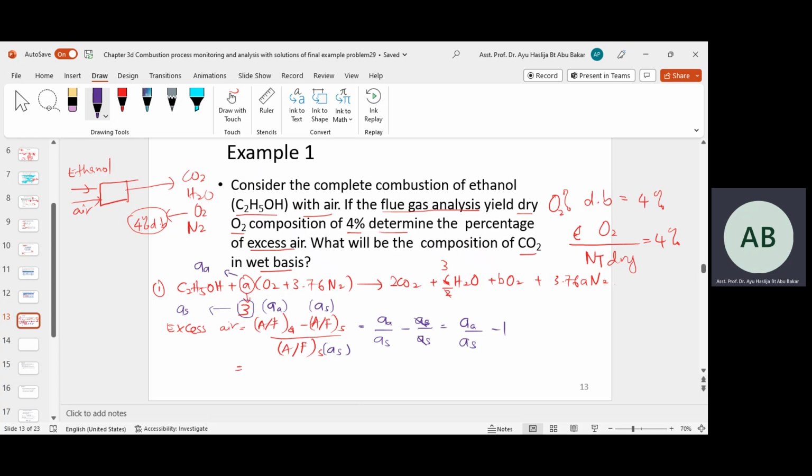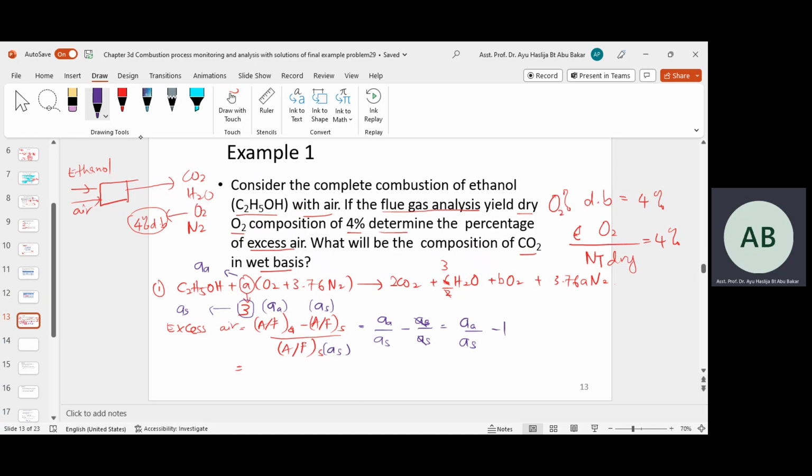Molecular weight of air over fuel? No, not from there. Okay. The A star as we calculated is 3. Now, from the first equation over here, how many unknowns do you have for the actual?